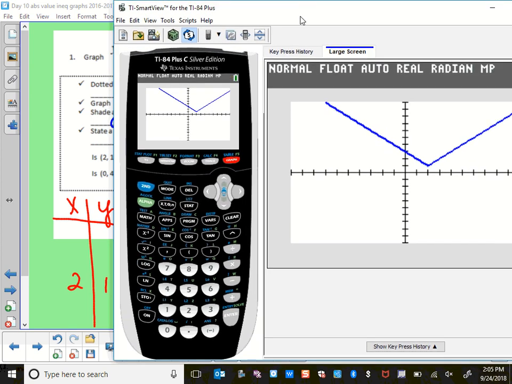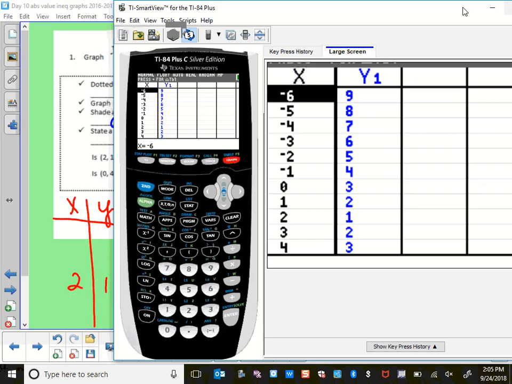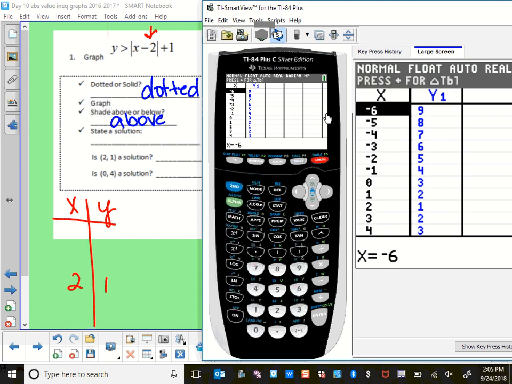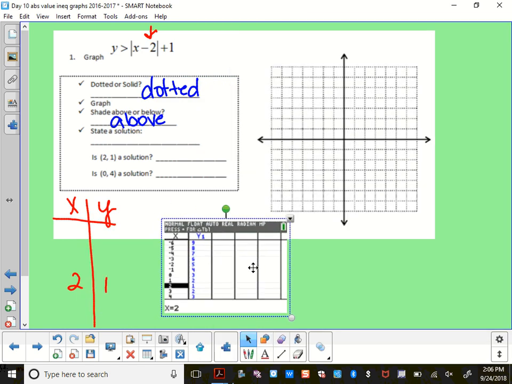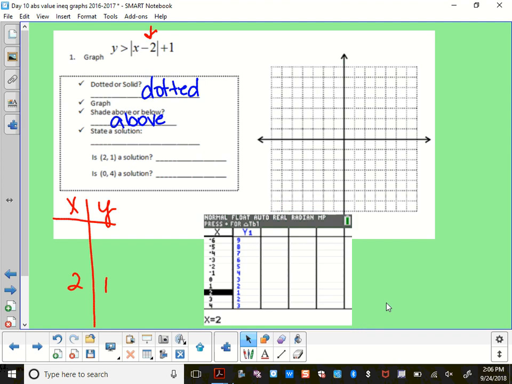There we go. Let's get some points. Second graph to bring up your table. So I'm gonna highlight where I'm gonna start. Positive 2, 1. Are we okay with knowing how to get points? And how to put it to our y equals?